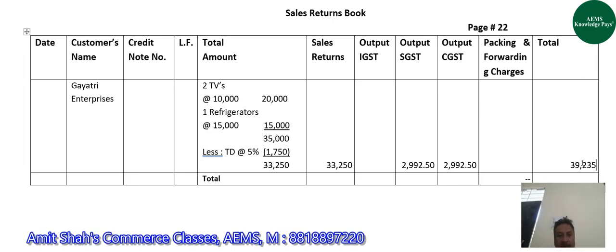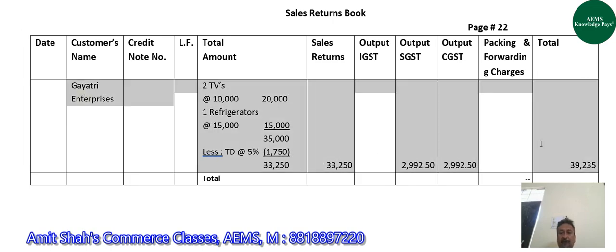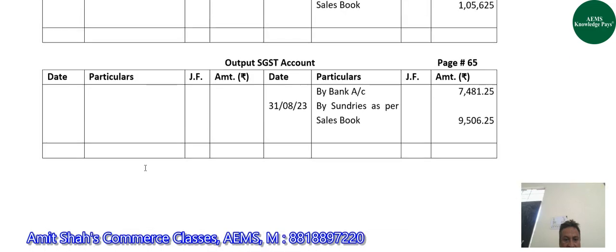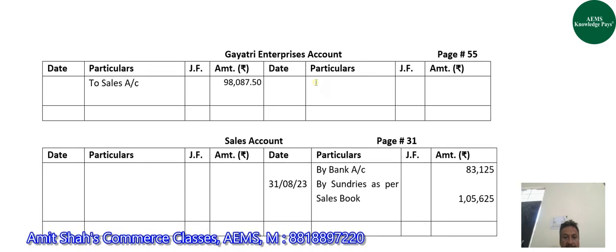So this is the total amount that we have to pay back to Gayatri Enterprises, 39,235. So this would be credited to the account of Gayatri Enterprises, 39,235. So here we will write by sales returns account 39,235.